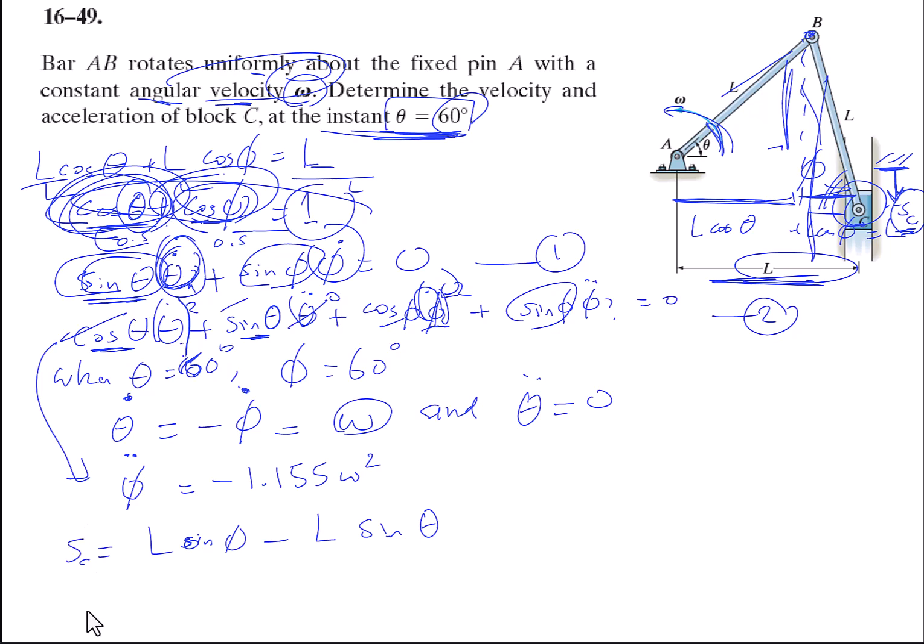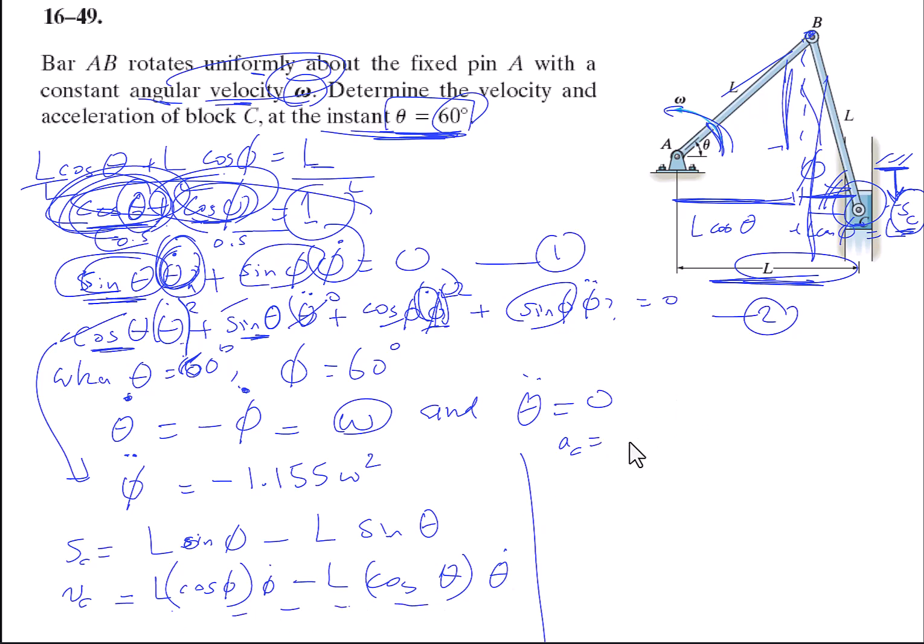You differentiate this and you'll get the velocity of C: L cosine phi phi dot minus L cosine theta times theta dot. So let's put these in parentheses so we don't get confused. You could also write the acceleration of block C. You do the product rule more than once and the chain rule.